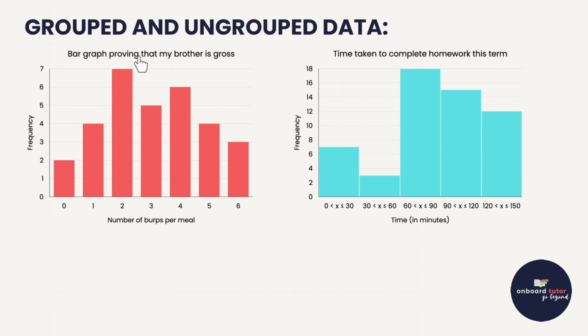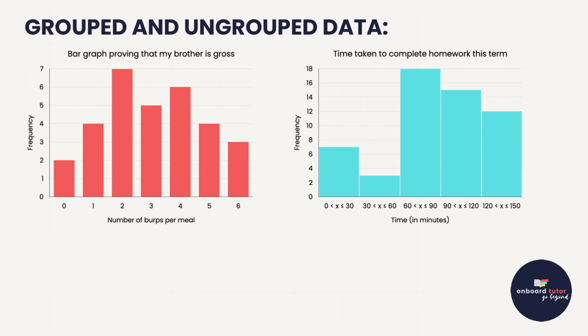So on 7 days, he burped twice during a meal. On 3 separate occasions, he burped 6 times in a meal. In this instance, you can see the data here is 0, 1, 2. Those are distinct data values.